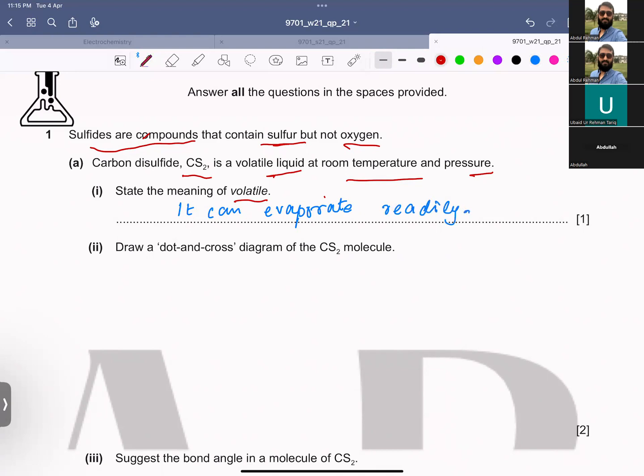Now, next question. Draw a dot and cross diagram of the CS2 molecule. So we have one carbon atom and two sulfur atoms. Carbon is in group 4 and sulfur is in group 6.